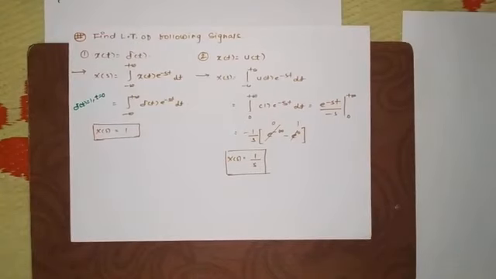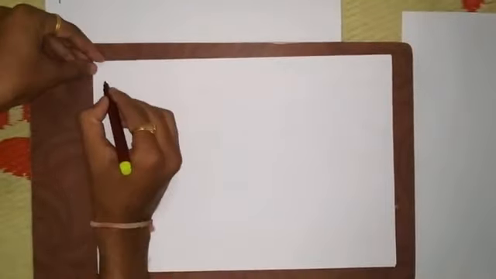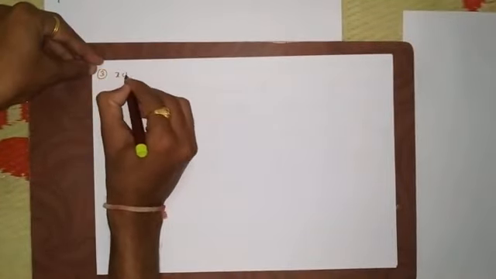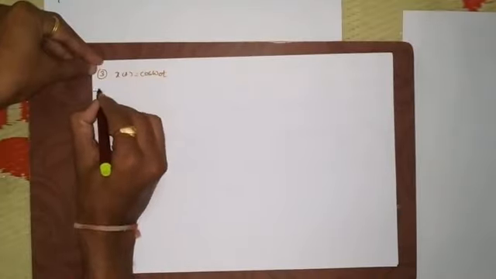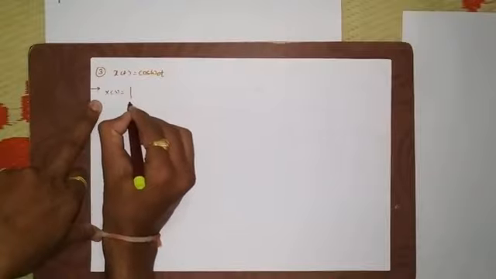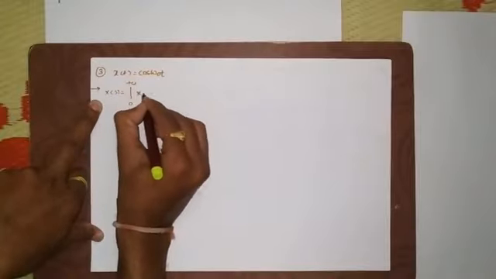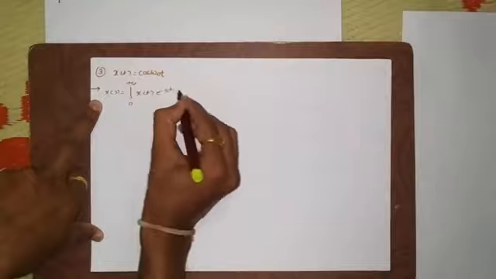Now we'll see the third case, which is to find Laplace transform of cos omega naught t. So I'm writing third one, x(t) is equal to cos omega naught t. Now basically when you are finding Laplace of cos or sine, try to take unilateral transform. So we'll write X(s) is equal to the integral from 0 to plus infinity of x(t) e to the power minus st into dt.